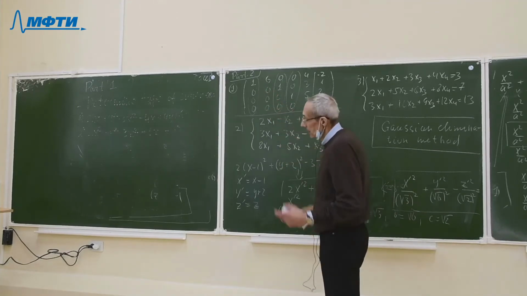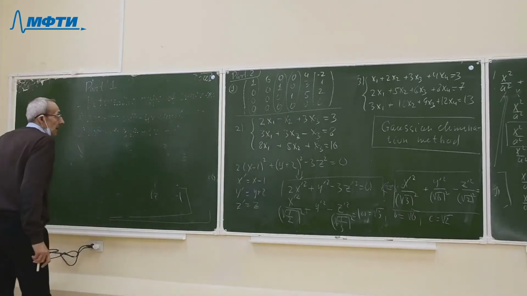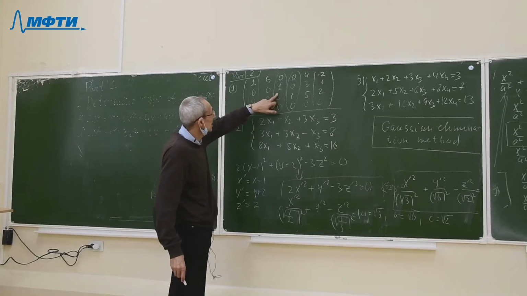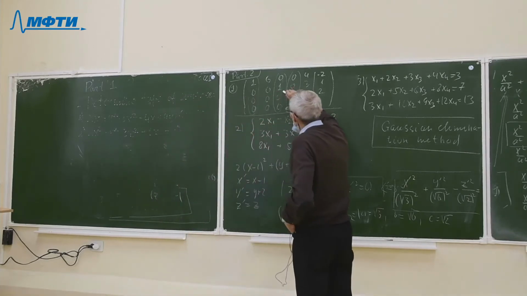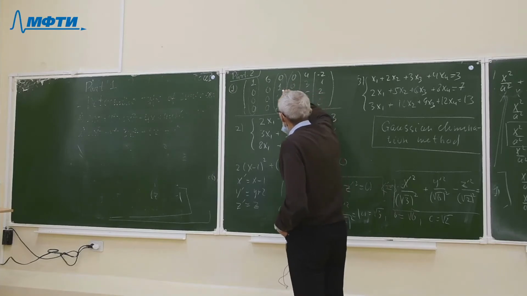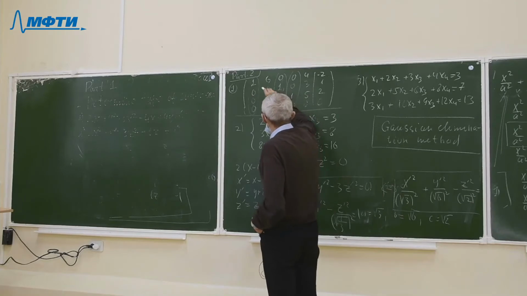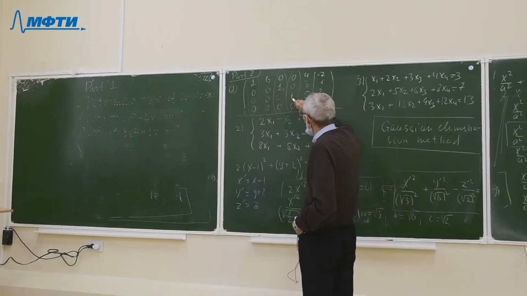In the first column it is in the first row, in the second column the 1 lies in the second row, and in the third column in the third row.